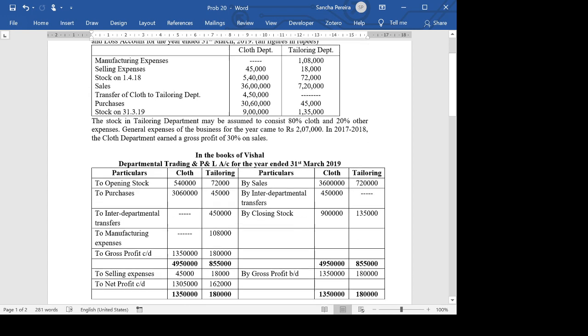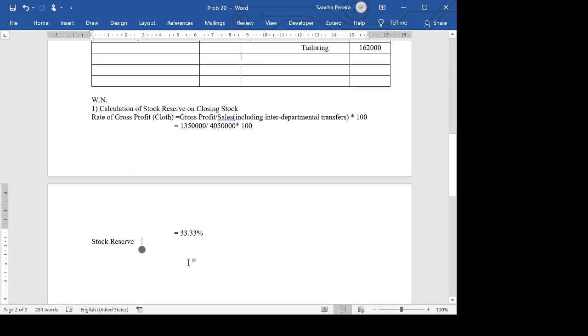So out of 1,35,000, only 80% has come from the cloth department. 1,35,000 into 80 divided by 100, you get 1,08,000.